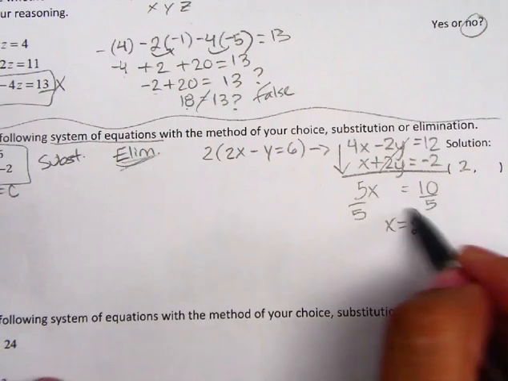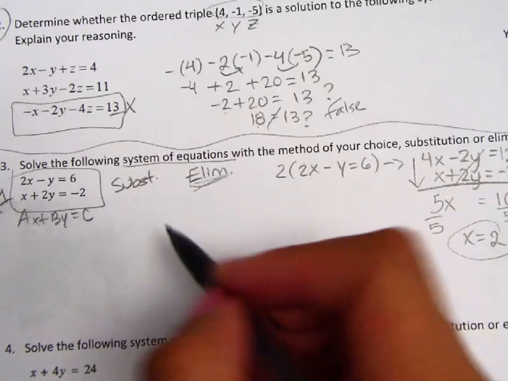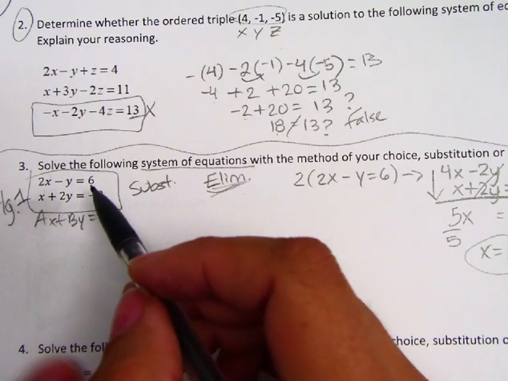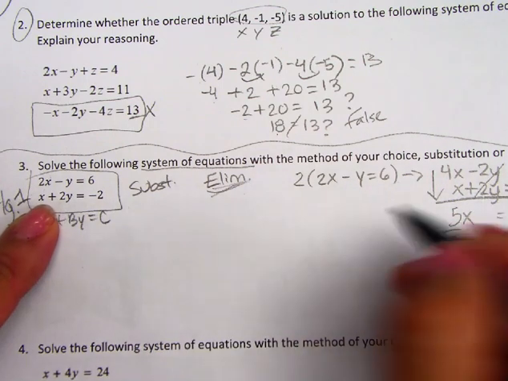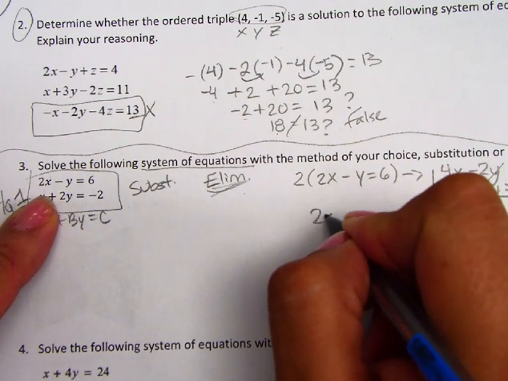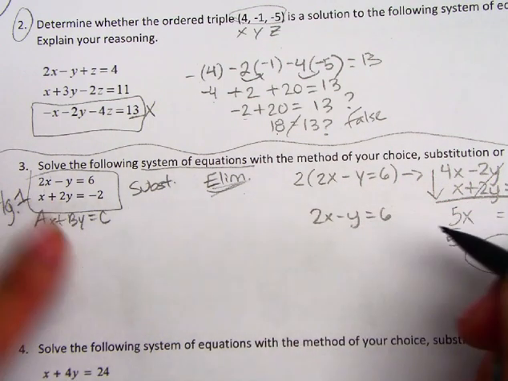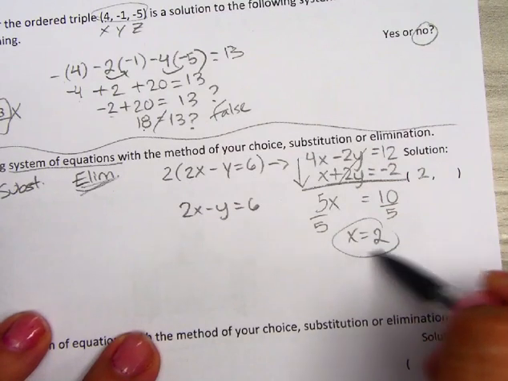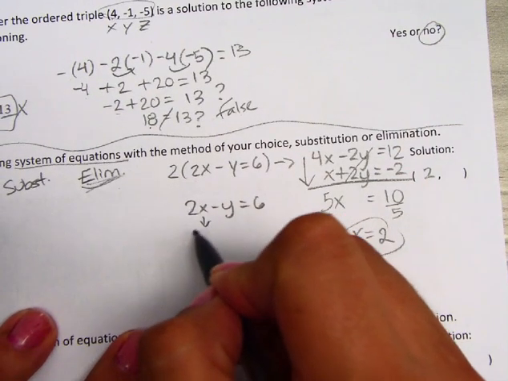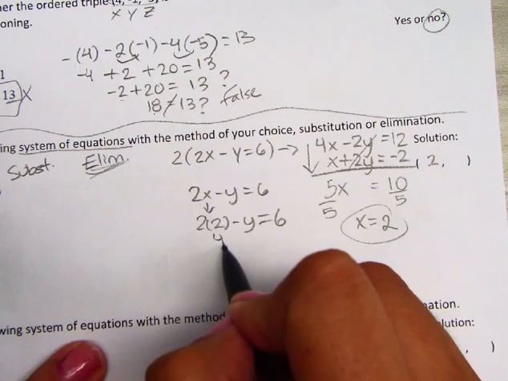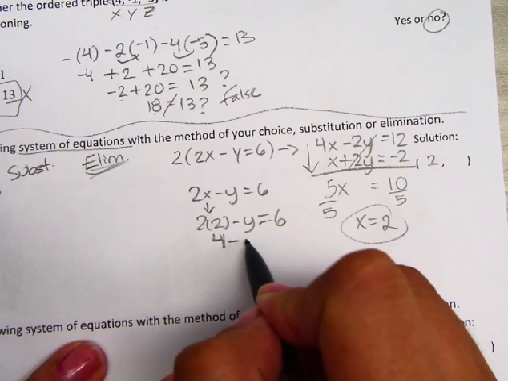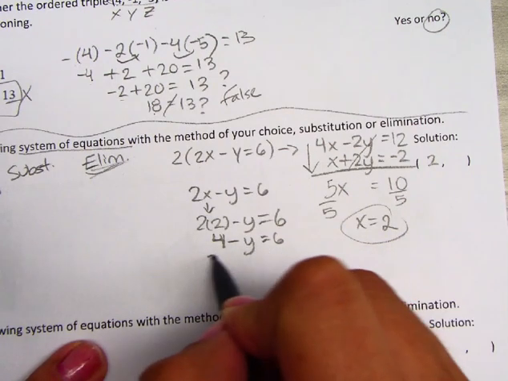And then once we have the x, we now need to look for the y by picking an equation to solve for. Any equation, it doesn't matter. So I'm just going to go ahead and use this top one and write 2x minus y equals 6. And I'm going to substitute the x in there. So 2 times 2 minus y equals 6. That is 4. 4 minus y equals 6.